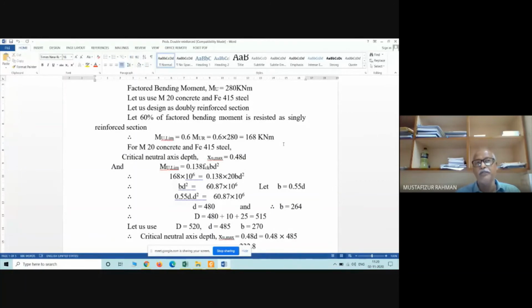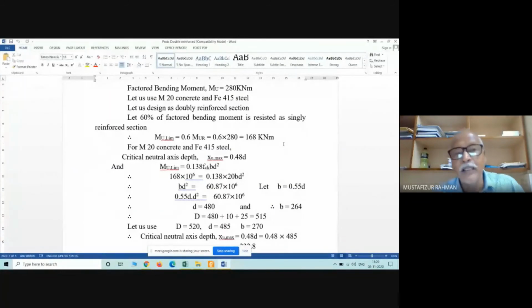Out of these two, one we can achieve. From our normal practice, since there is a cross section, the larger part of the external factored moment will be resisted as a balanced section, and the other part will be resisted by the compression steel.